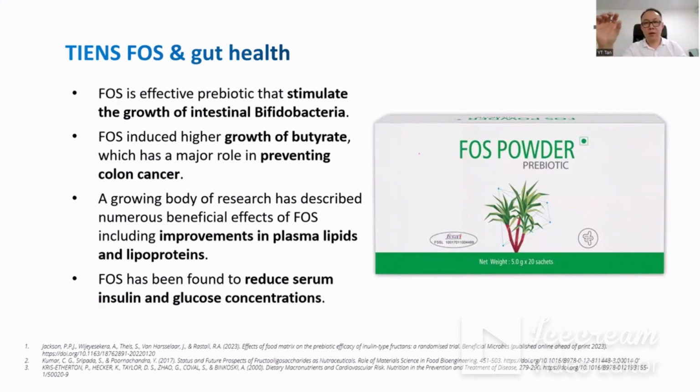Fructose means fructose. Oligo means 10 to 20 molecules in the chain, which is not that long. And saccharide means sugar. So mainly it is the word oligo, 10 to 20 molecules.